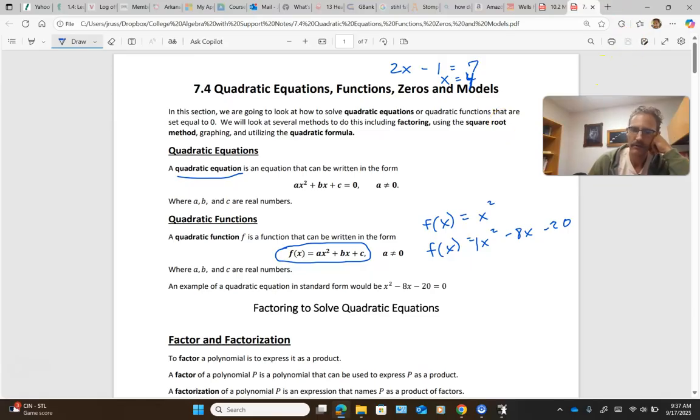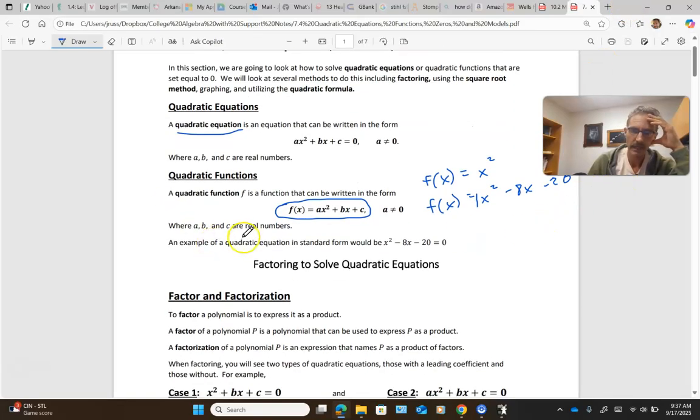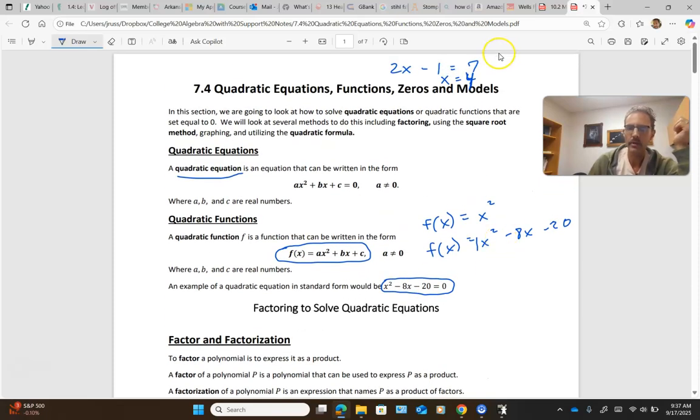Alright, so what we want to focus on now that we've talked about what a quadratic equation in standard form looks like is, if we had a quadratic function and it was equal to 0, how would we solve it? How would we figure out the value for x that makes this a true statement? You know, when you have an equation like this, guys, you could almost solve this one by guess and check, trial and error.